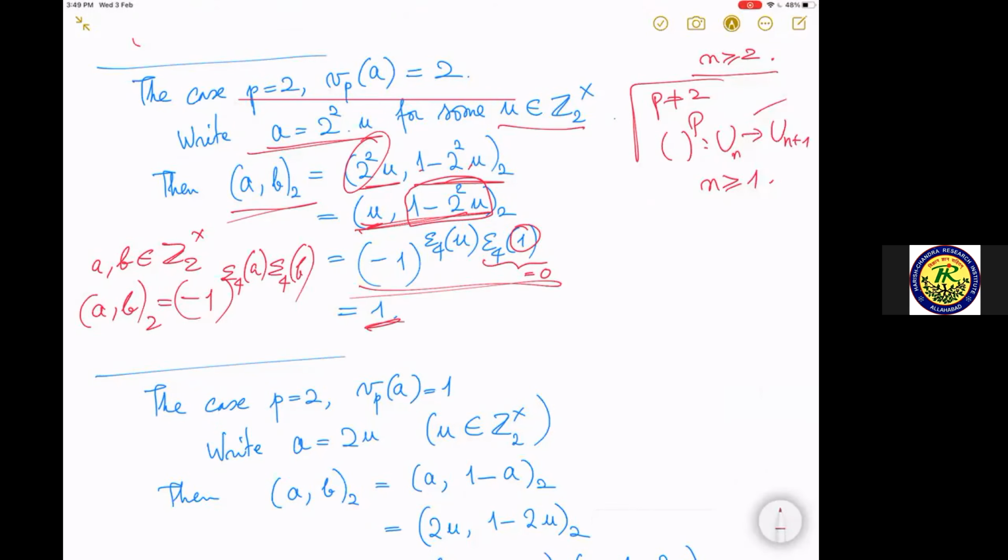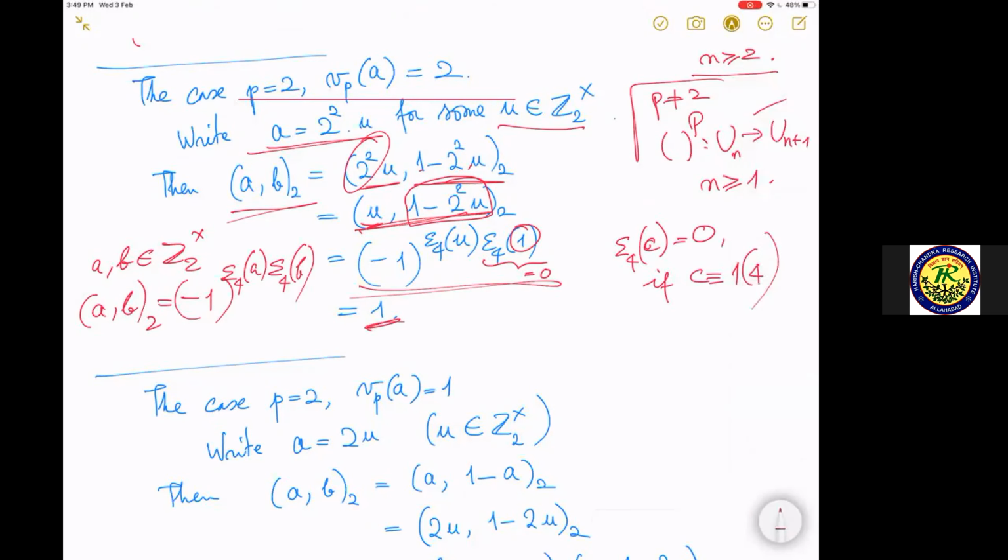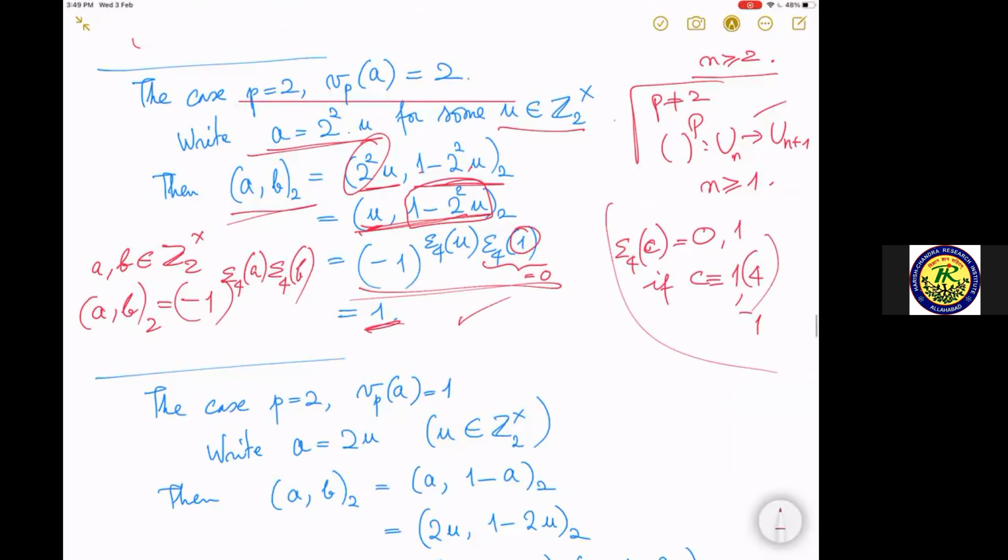And epsilon 4 of C is equal to 0 if C is congruent to 1 modulo 4, and it's equal to 1 if it's congruent to minus 1, right? So I get this case as well.